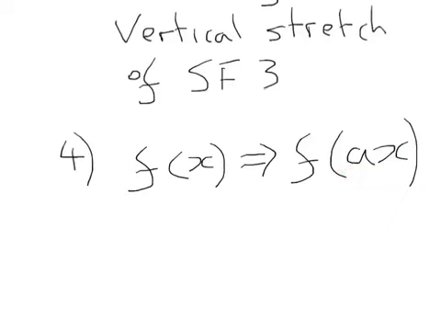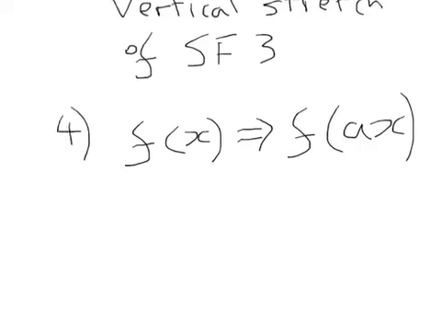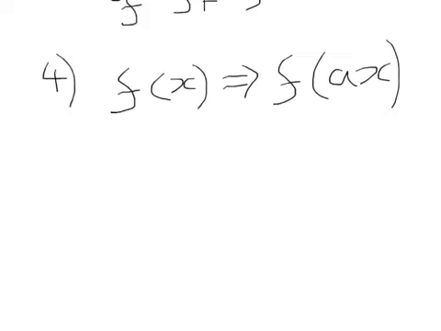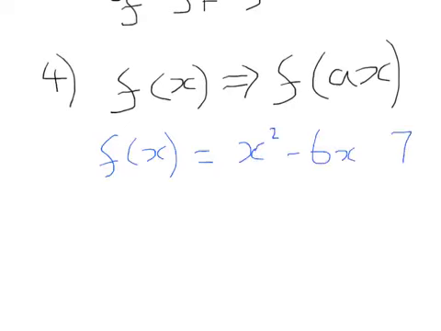So if my function of x equals my favourite quadratic, x squared minus 6x minus 7, what I'm going to do now to do f of 3x, that's going to become 3x, so I apply that multiplier of 3 to all of my values of x.